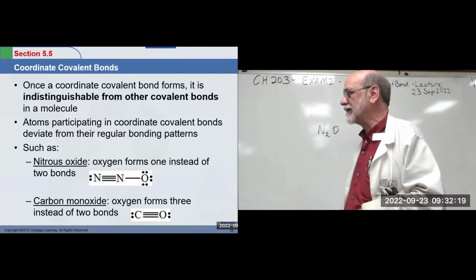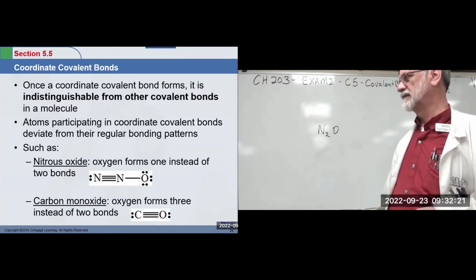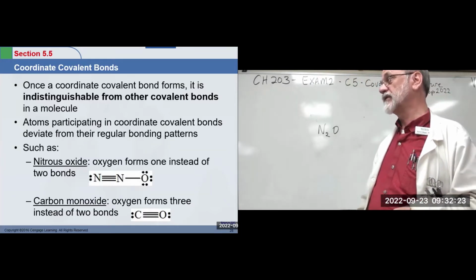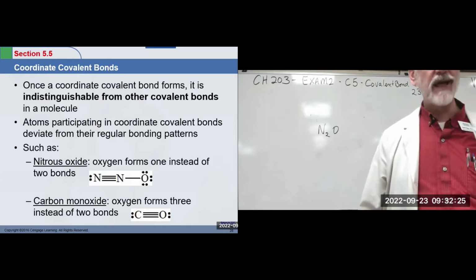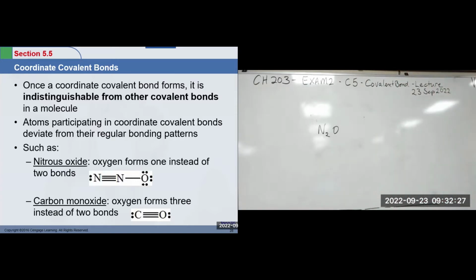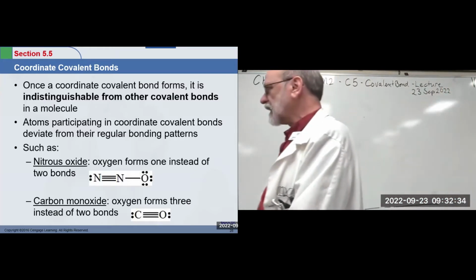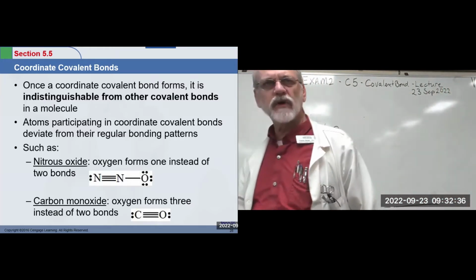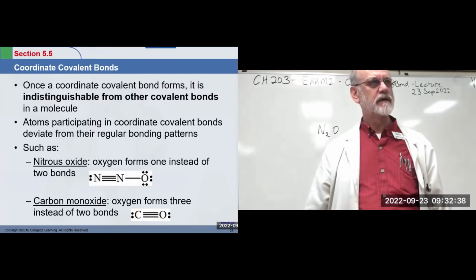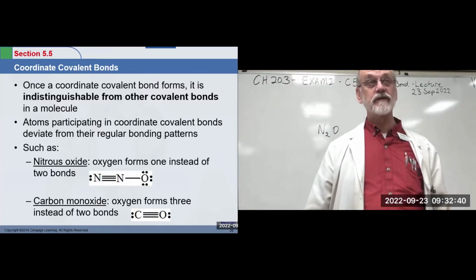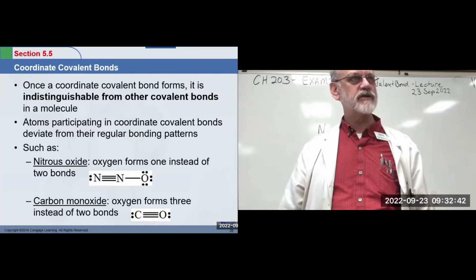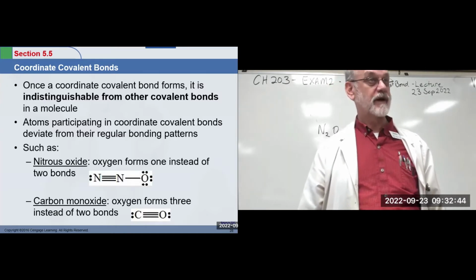Carbon monoxide, which is a really nasty chemical. At least for living systems, it is. So you know how carbon monoxide poisons you? Okay, so you've had some physiology and know what it does, right?